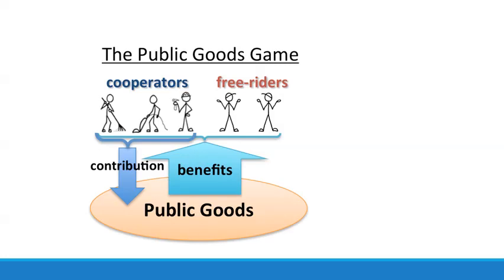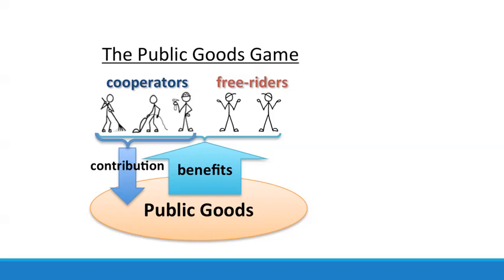So we have here what we call the public goods game. On one side we have cooperators, and on the other side we have free riders. Notice that even though the cooperators are the only ones contributing to the public good, the beam here is balanced, because regardless of the number of contributors and free riders, everyone benefits from this. It's not like the cooperators are the only ones allowed to benefit.